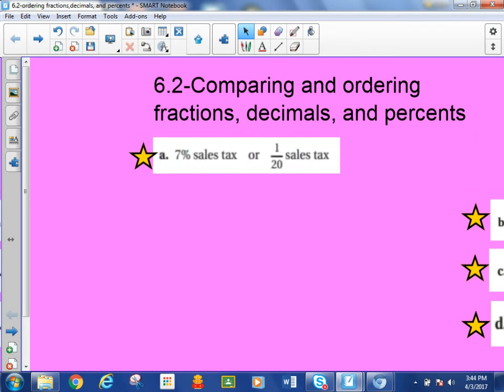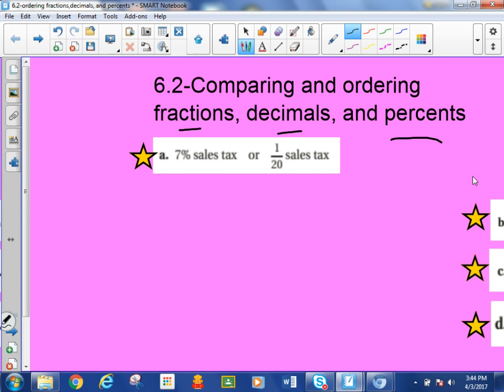Okay, so there is a 7% sales tax or 1/20th sales tax. So in order to compare that, I would have to decide, do I want to put it into a fraction? Do I want to put it into a decimal? Do I want to put it into a percent?